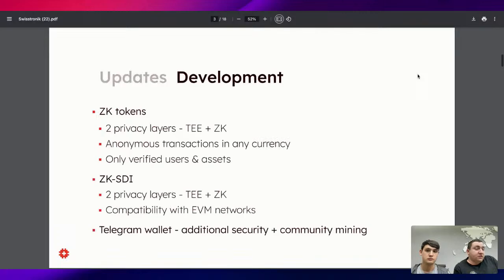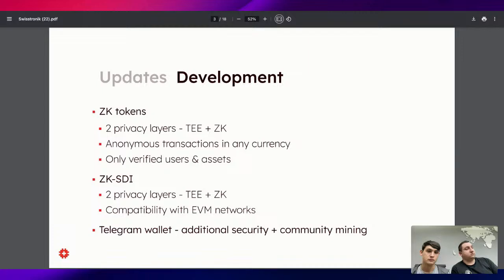We were concentrating on one of the last pieces of the tech that we need to deliver. This is ZK tokens and ZK SDI. Both of them provide an additional privacy layer to the software that we're building.